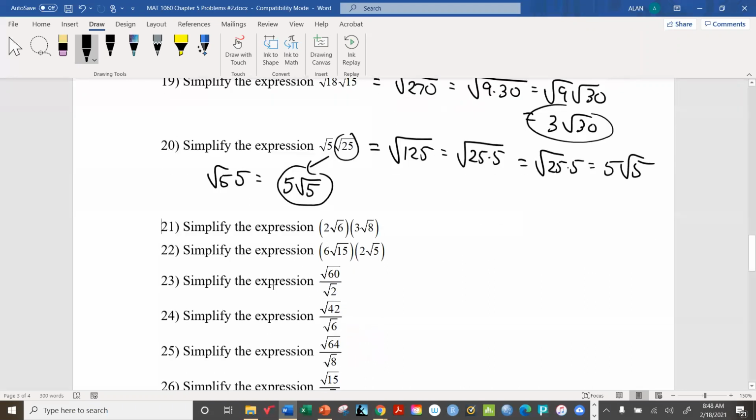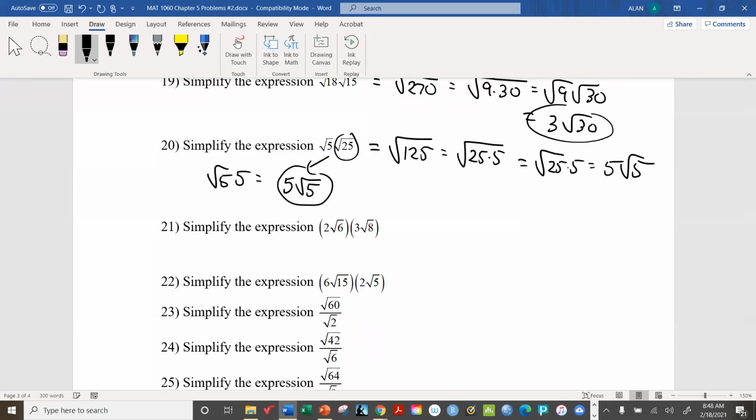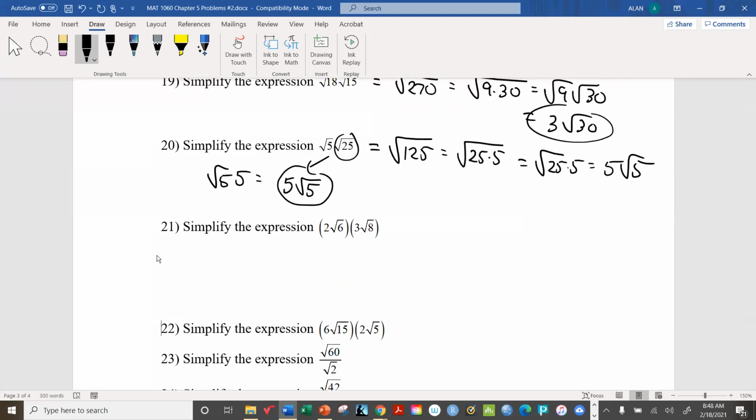Okay. Now, what about these guys? Well, when you multiply these together, you're multiplying the constants first, the coefficients, I should say, and then these get consolidated together.